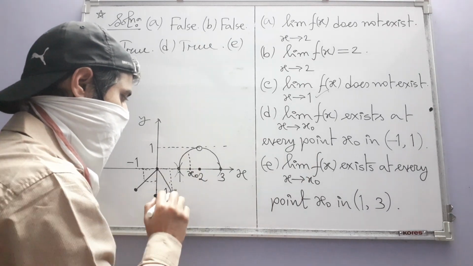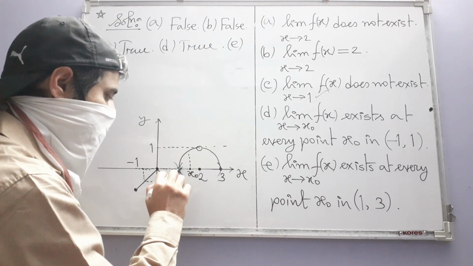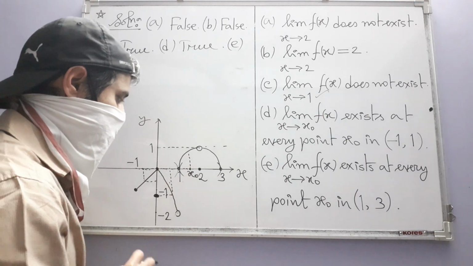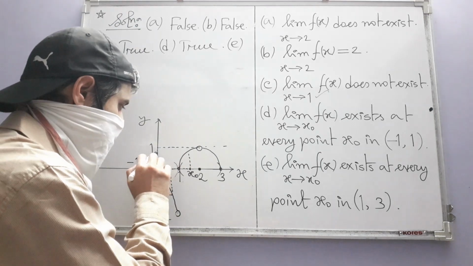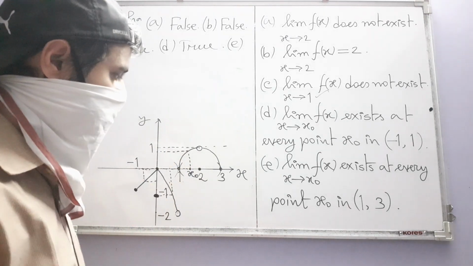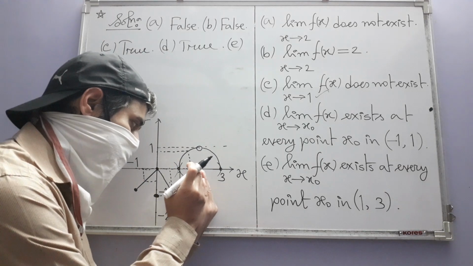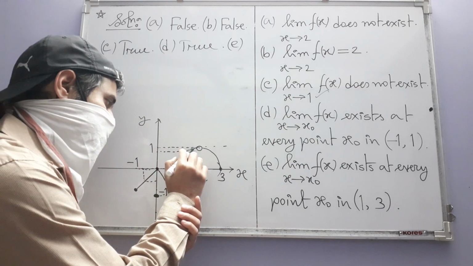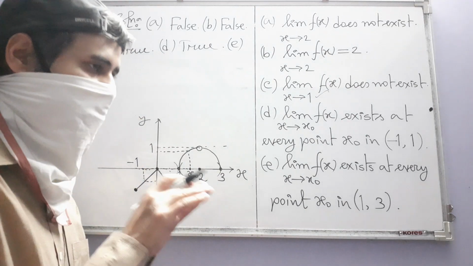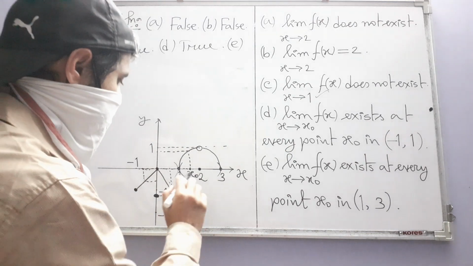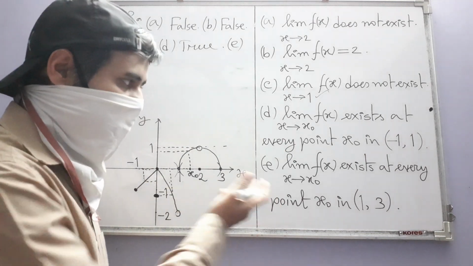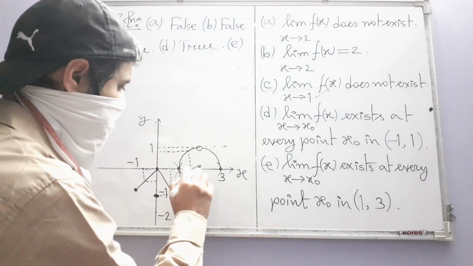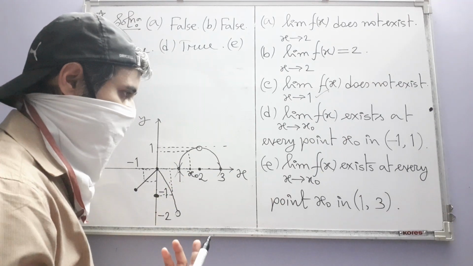Then of course the limit exists. As x approaches x naught from the left side, your functional value approaches something, and as x approaches x naught from the right side, your functional value decreases but still reaches that something. So on the left side of 2 the limit exists. Similarly on the right side of 2 also the limit exists.